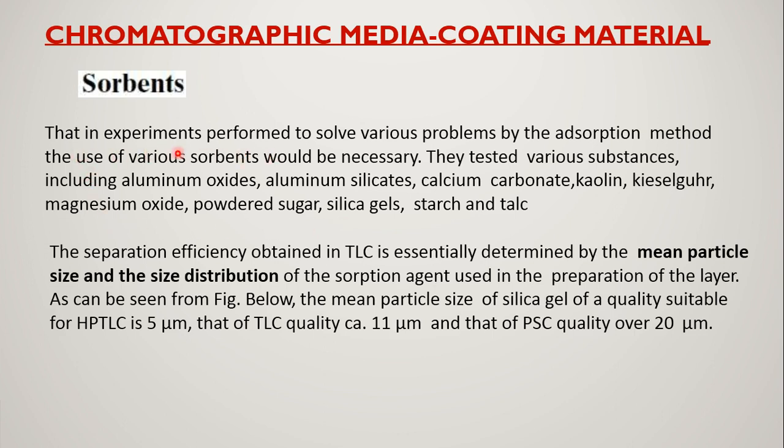Experiments were performed to solve various problems by the adsorption method, so various adsorbents were necessarily used. They tested various substances including aluminum oxides, aluminum silicates, silicon carbonates, kaolin, Kieselguhr, magnesium oxide, powdered sugar, silica gel and starch. So these are all simple adsorbent materials which could be used in a TLC plate as a thin layer.